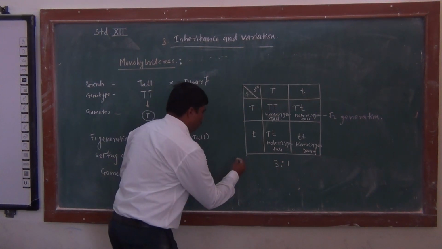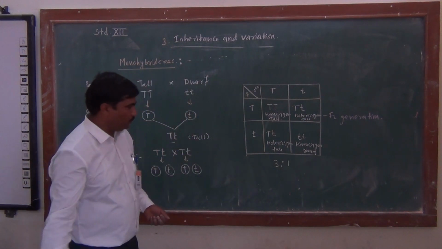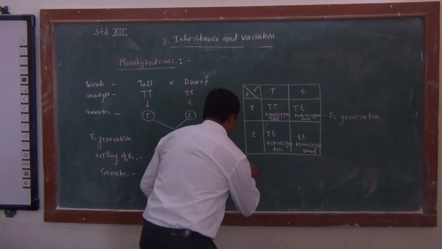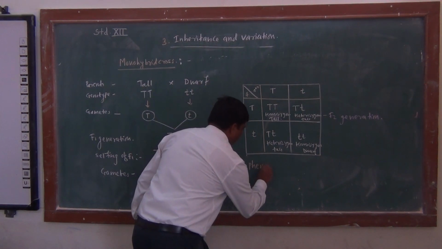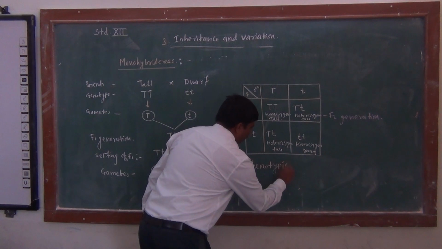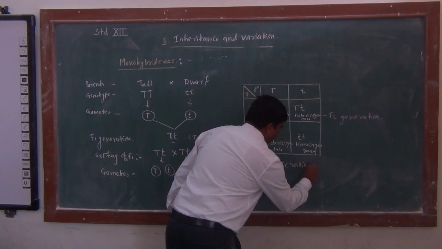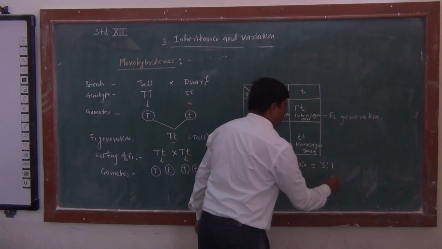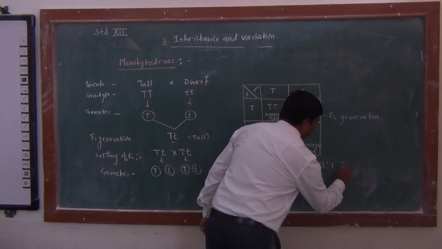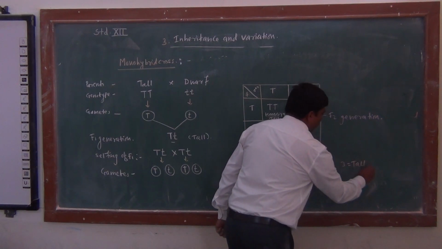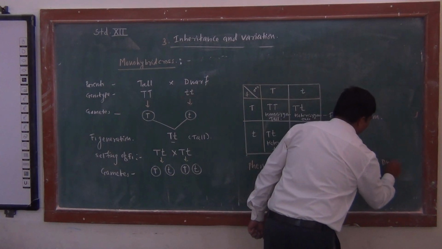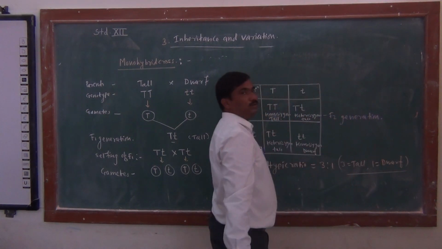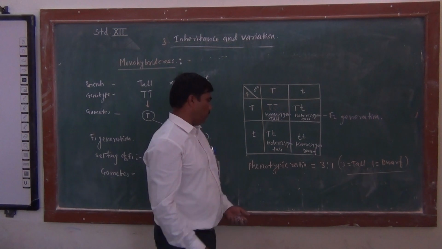So the result, the phenotypic ratio, is 3:1. That means 3 tall and 1 dwarf individuals are formed.